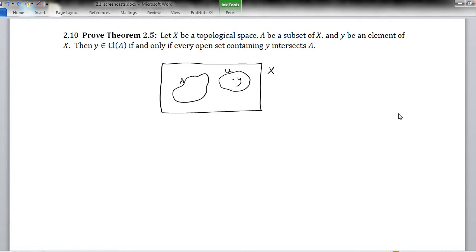Now to prove it, you notice it's an if and only if statement, so we have to prove two directions. So let's begin with the forward direction.